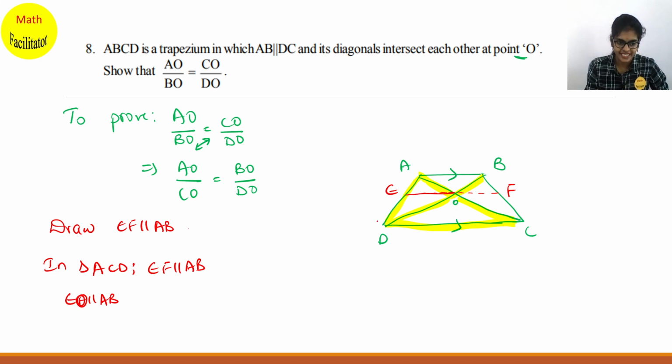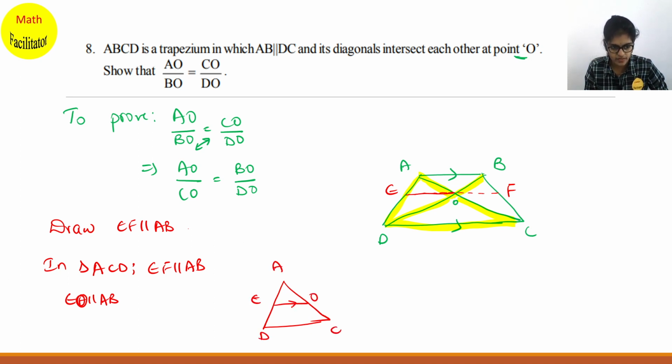Clear? So in this triangle ADC, what do you have? I'm so sorry, we are taking CD, isn't it? You are taking ACD. So we are taking EO is parallel to CD.